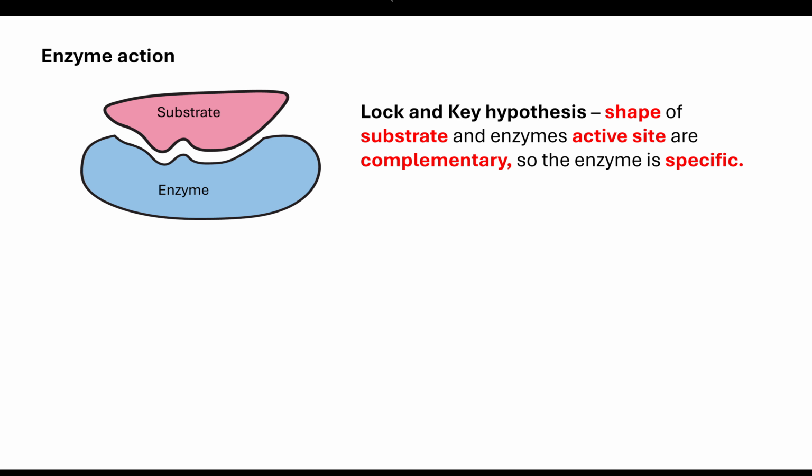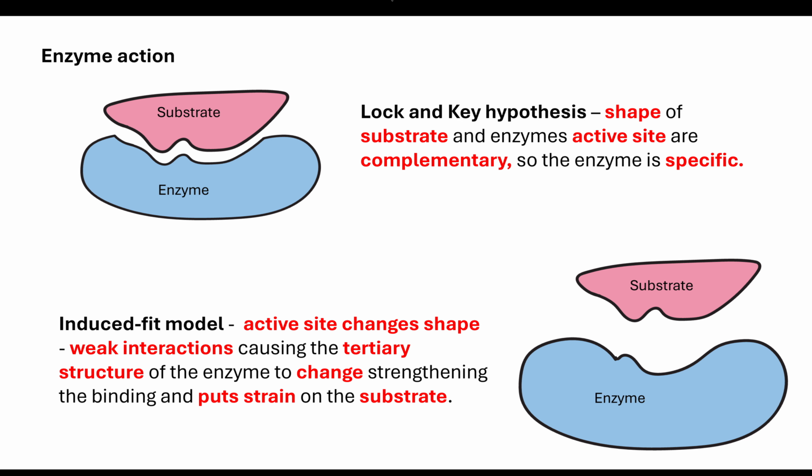Well, as we have learned more and we've done more experiments, we have investigated more, what's happened is we've advanced our knowledge now to believe what's known as the induced fit model. And the induced fit model means that the active site actually changes its shape slightly.